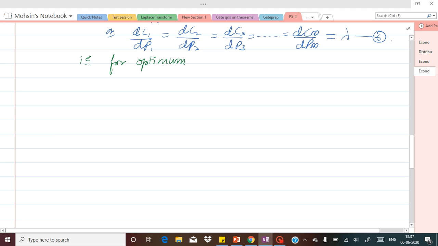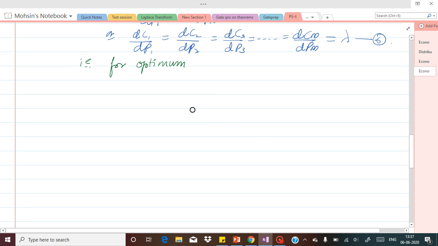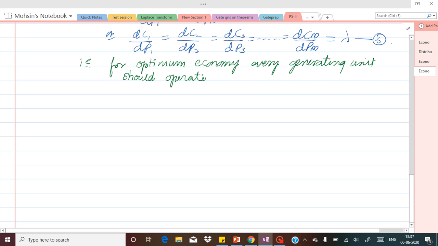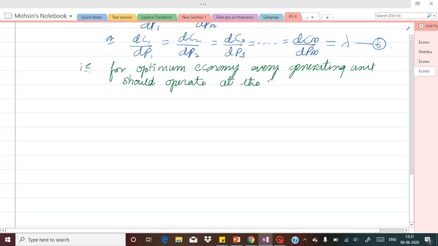So for optimum economy, every operating unit, every generating unit should operate at the same incremental rate or cost.